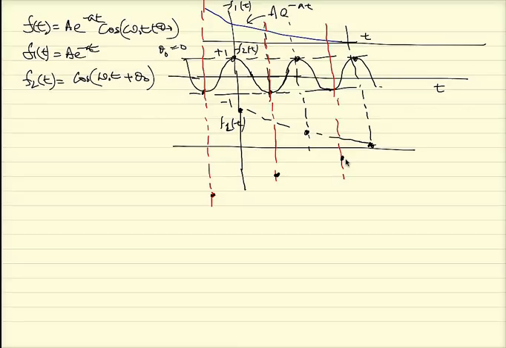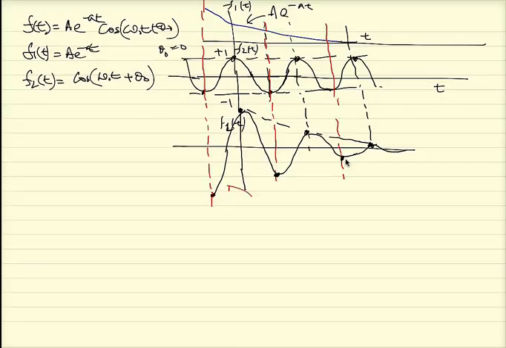So you have this, right, and then you should have this thing, probably oscillating like this, and then you have this. So this signal is basically your f2t.